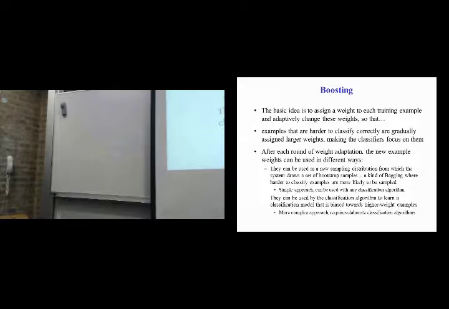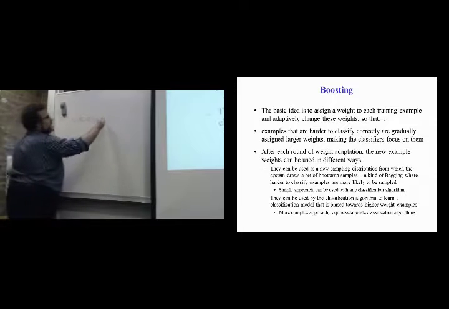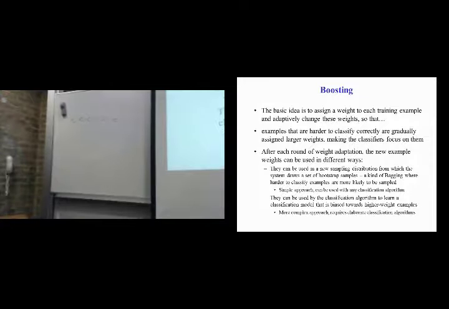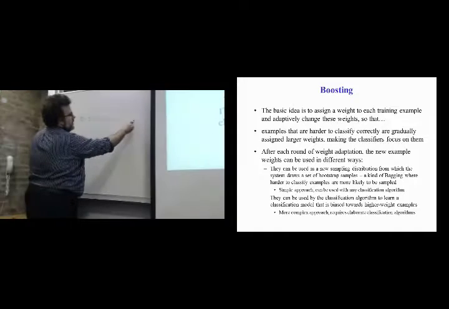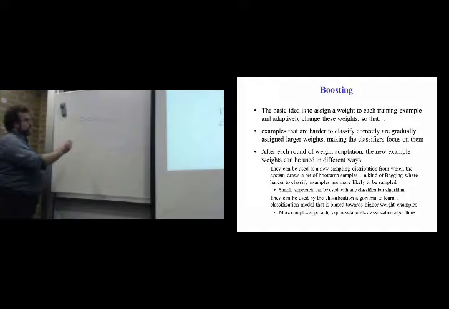But what we do here is we've got a large number of training examples, so a data set consists of a lot of data items, and initially we do a classification and it's going to get some right and some wrong, yeah?